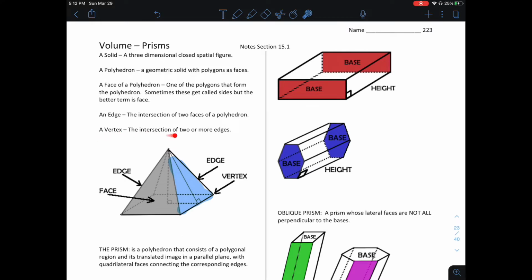A vertex, the intersection of 2 or more edges. Well, if we take this front face and this blue face, they form this edge. And then we have another edge that's here, and another edge that's here. They would intersect at this point, which we would call a vertex.